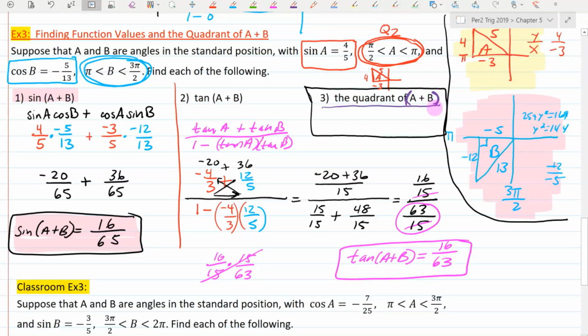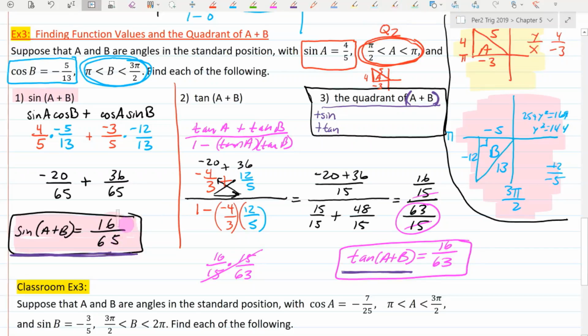The easiest thing to do is this: the sine of A plus B, the sum of the two angles, is positive. The sum of the two angles for tangent is also positive. So there's only one quadrant where both sine and tangent are positive.